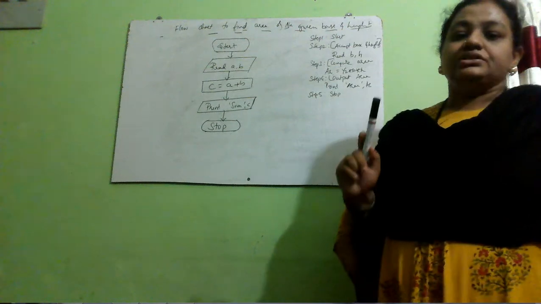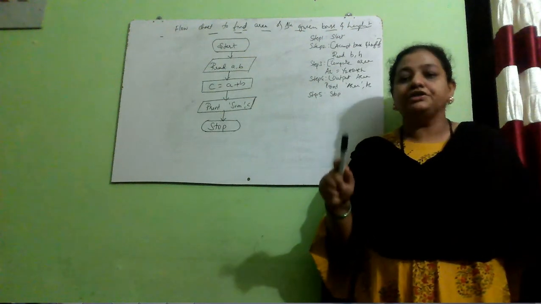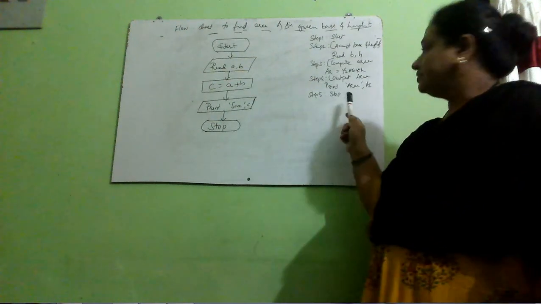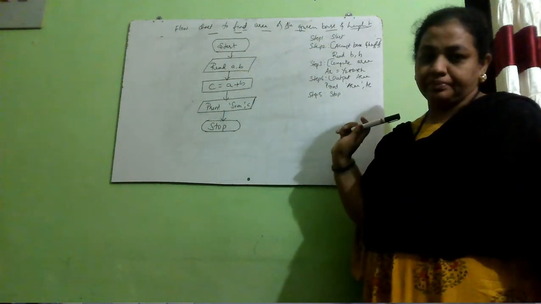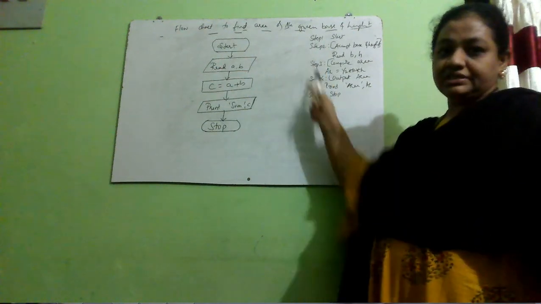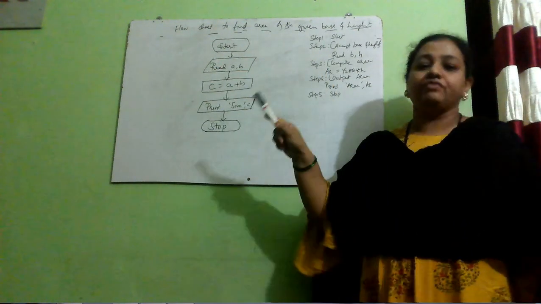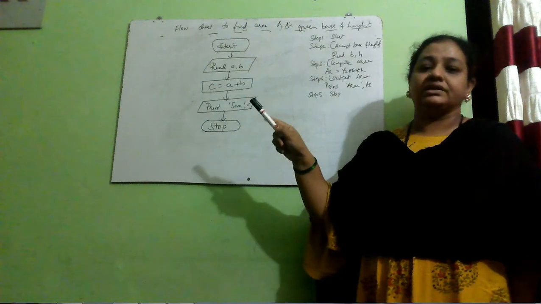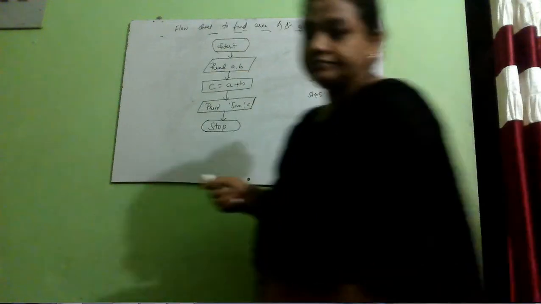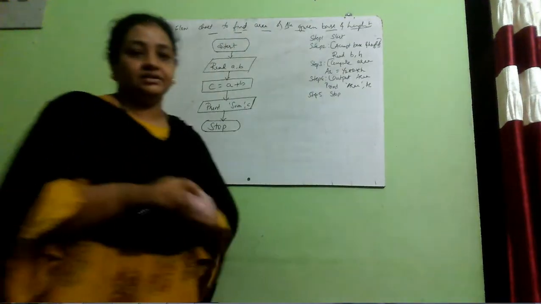But here we need to calculate the area of a triangle. Therefore we require base and height, not two numbers. Without knowing base and height, we will not be able to calculate the area.